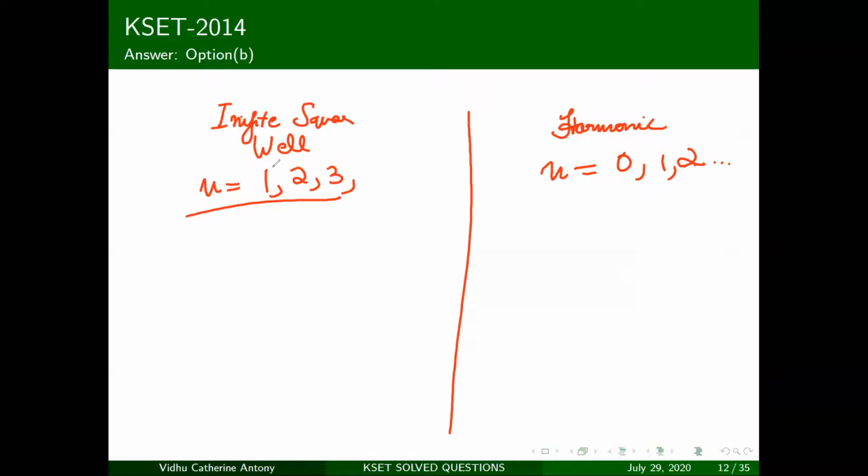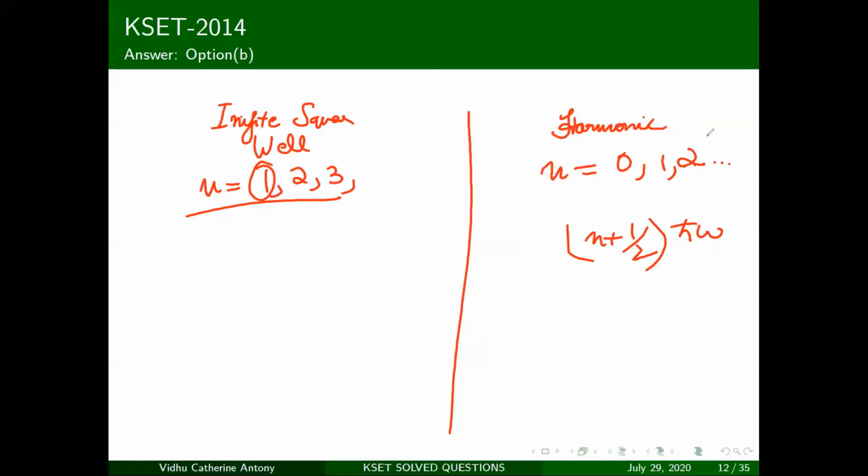You have to be very careful about this. You can never have your ground state energy as 0. Your ground state has to be some certain value. Here your ground state isn't 0, even though n is 0, because you have something like n plus 1 by 2 h cross omega. You have to keep that in mind.